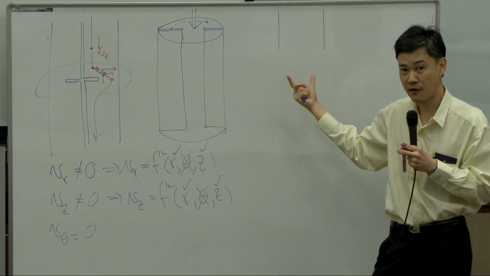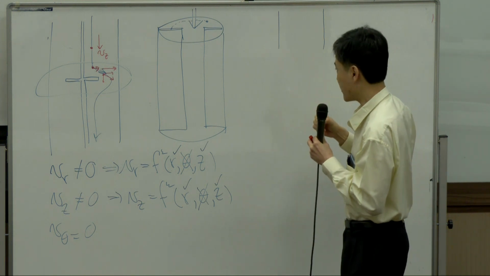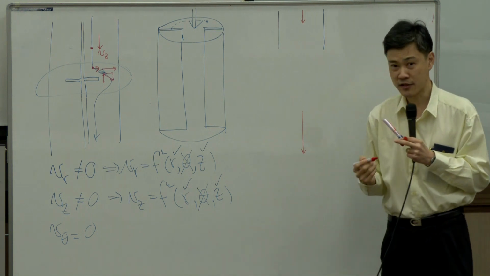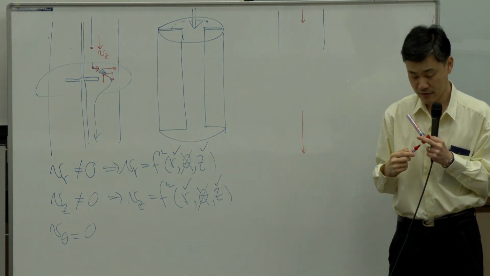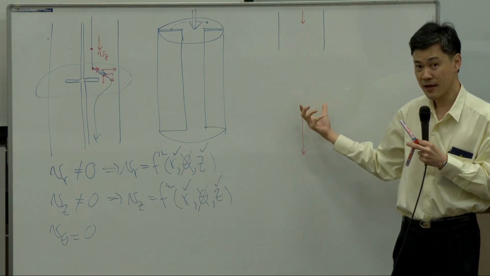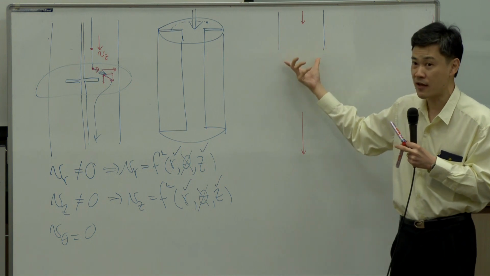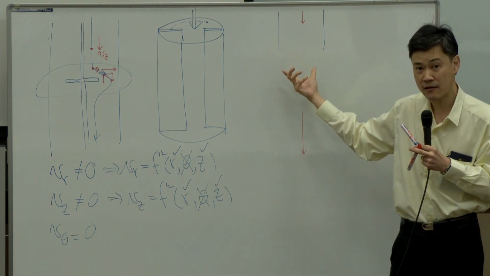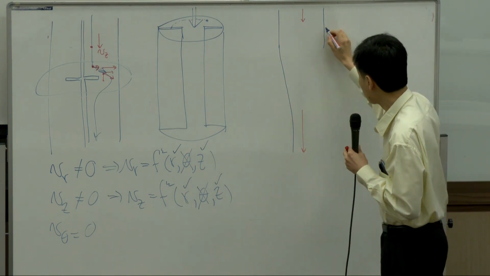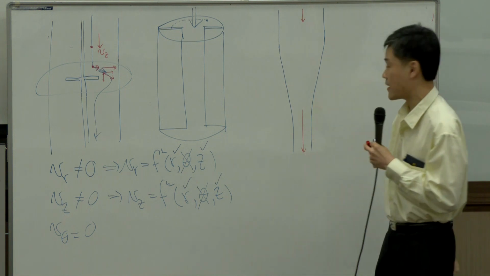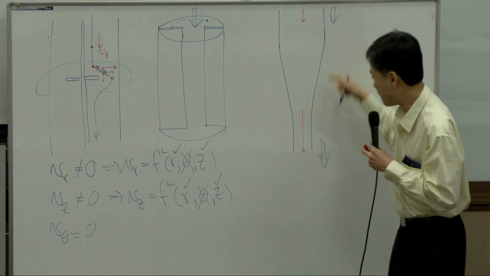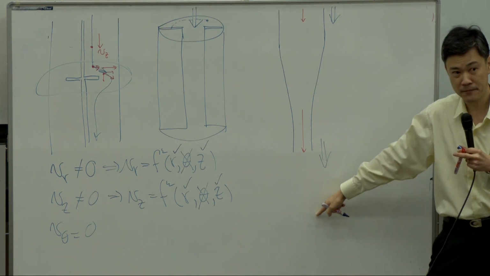Once it has acceleration, the velocity component Vz here and Vz there are not the same, according to acceleration. But in order to keep the stream continuous, there's no way to keep the cross-section area constant, right? So it must somehow taper down. The shape looks something like this. So you have flow going down and going faster at downstream.